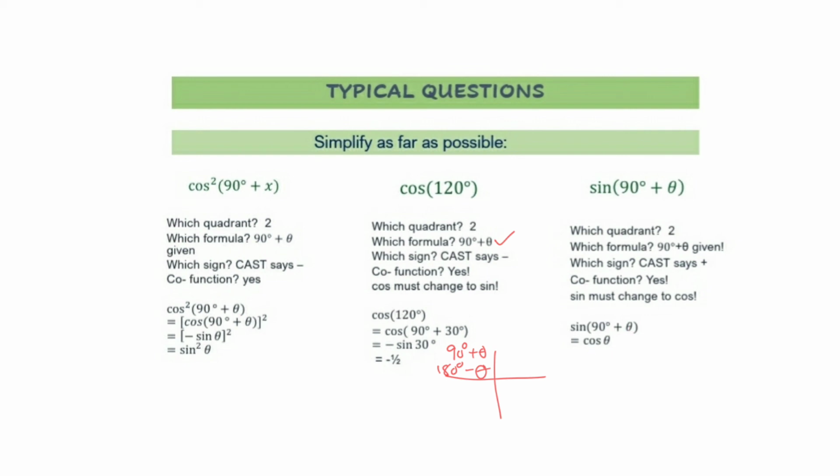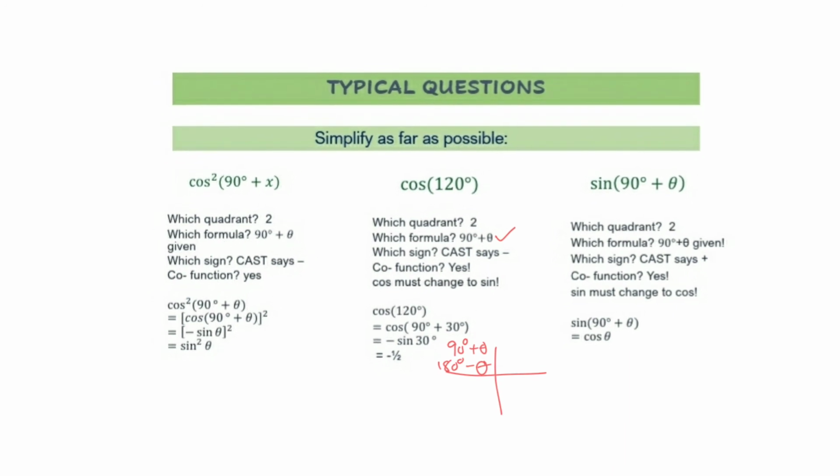Let's look at the third example. Here we have a square, and the square always makes problems because the square is written in the wrong place. We need to put in brackets and put it outside as we did here. Now we start. We were given the formula 90 plus x, that is second quadrant. Cos in the second quadrant is negative, so we're going to use the negative sign. Are we going to use a cofunction, yes or no?